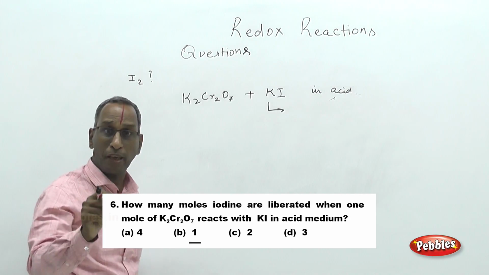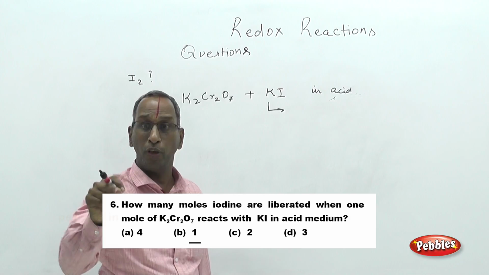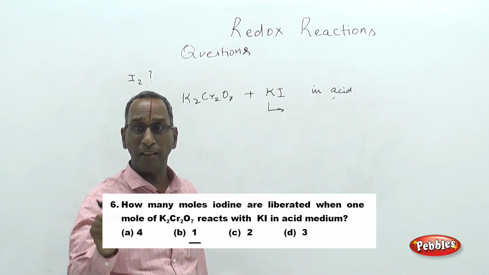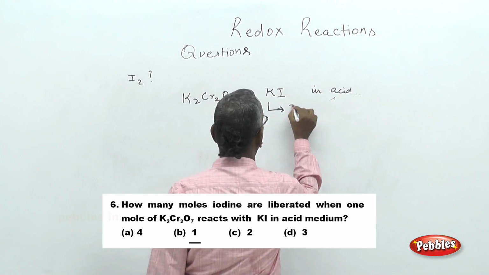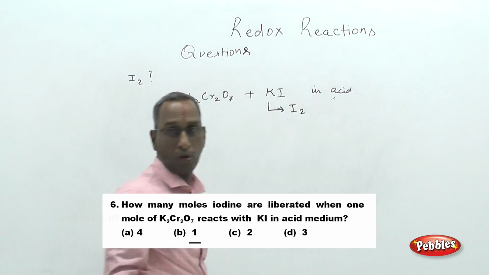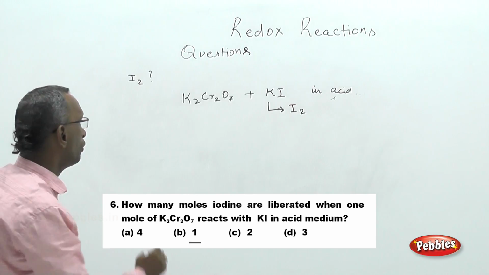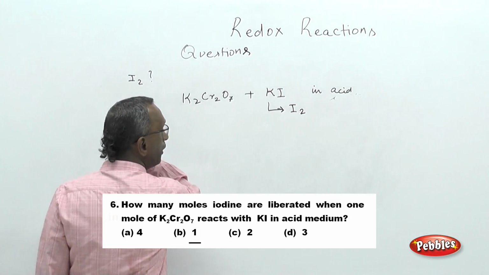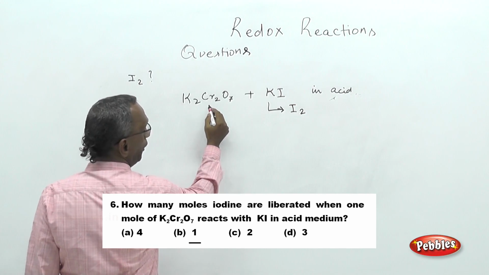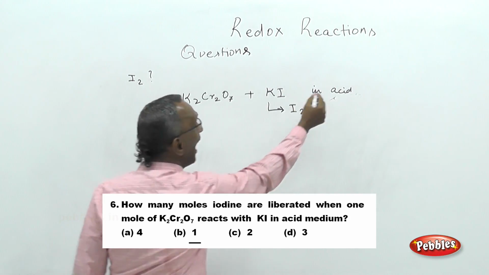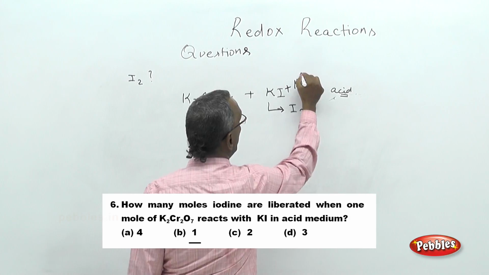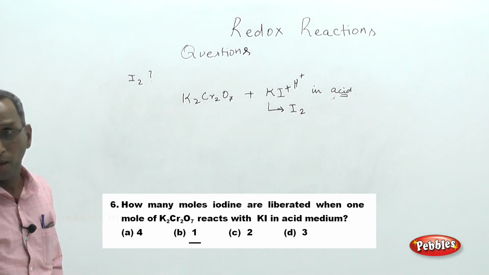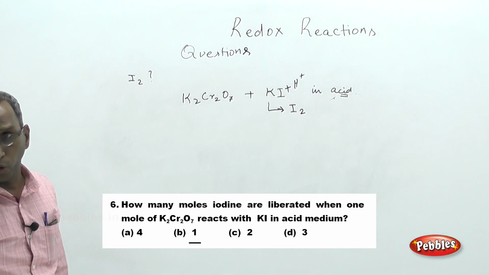They are asking only how many moles, and they have fixed that iodine is liberated, so one of the products is I2. The reactants are K2Cr2O7 and KI. Acid medium is also given, and acid is a proton donor.